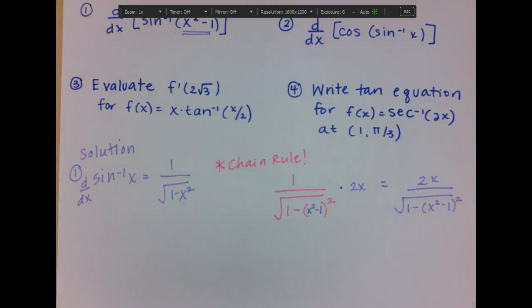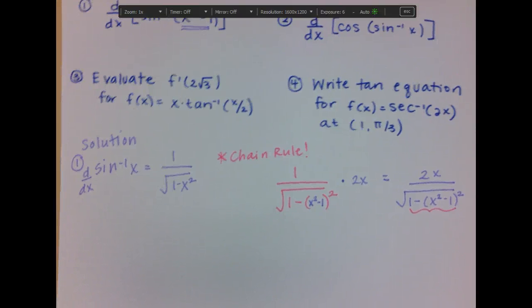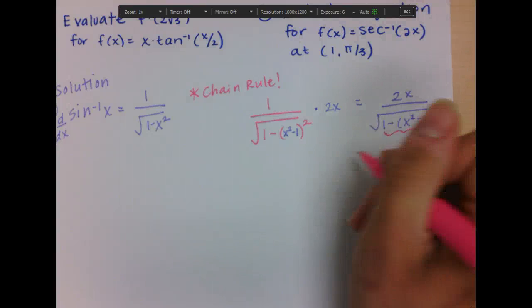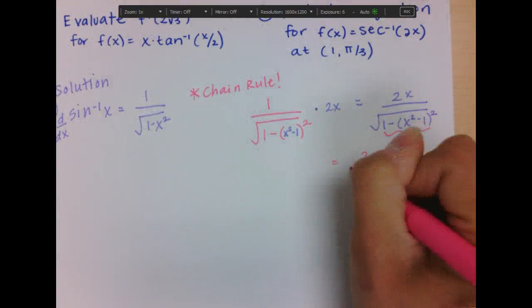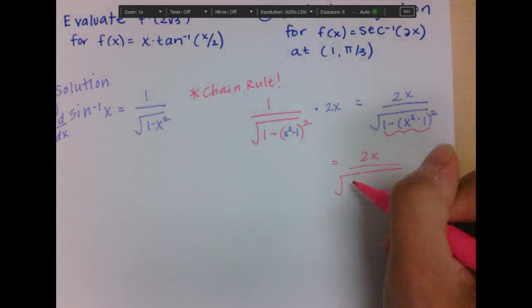I'm going to take that one step further because what's inside this square root can simplify. So 2x stays on the top. On the bottom I'm going to square out x squared minus 1.